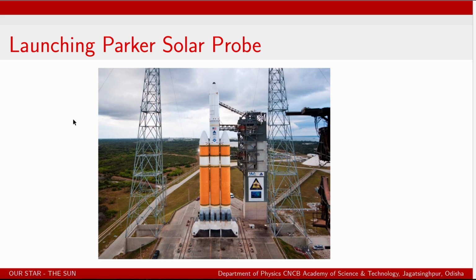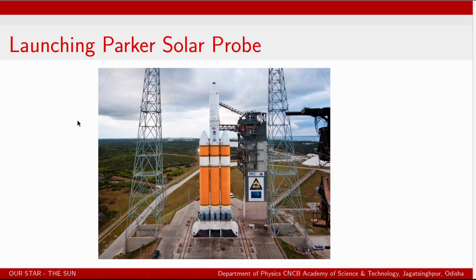This slide is about the Parker Solar Probe. The Parker Solar Probe was launched in 2019, and it is the most sophisticated solar probe that has been launched by NASA till date. The probe will come closer to the Sun than any other probe launched till date.